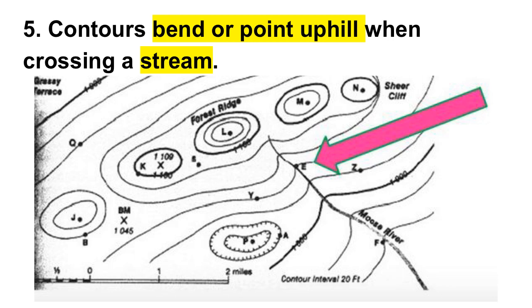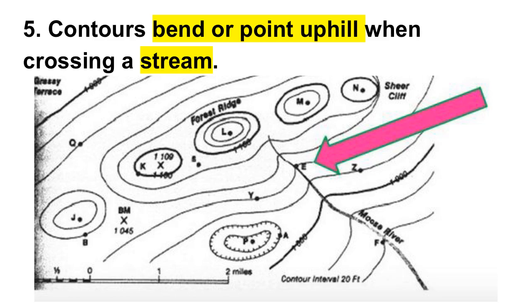Number 5, contour lines bend or point uphill when they are crossing a stream. So in this particular map here, I have this river, right? I believe it's called the Moses River. So the Moses River is here. Okay.